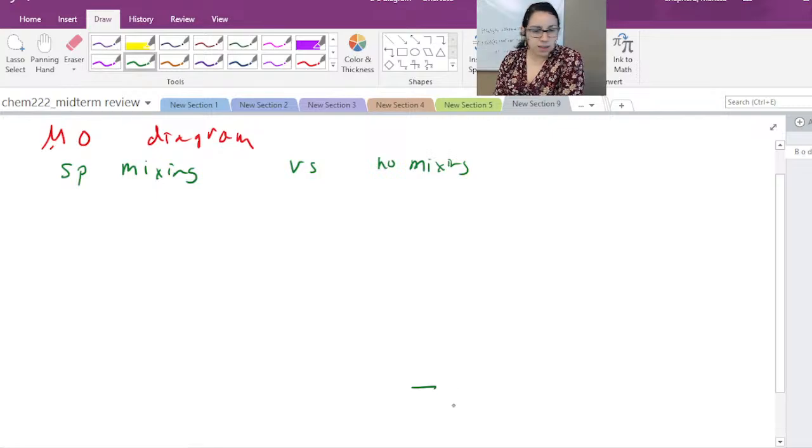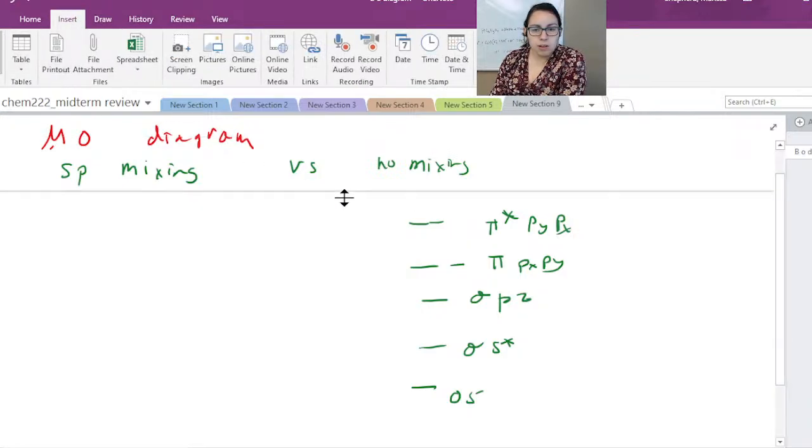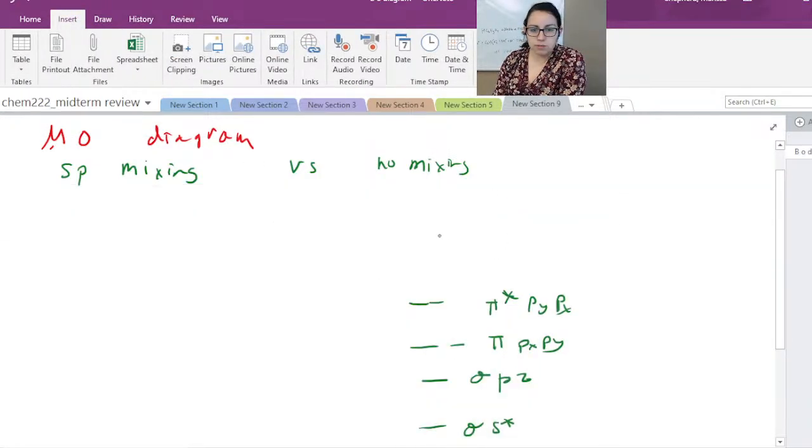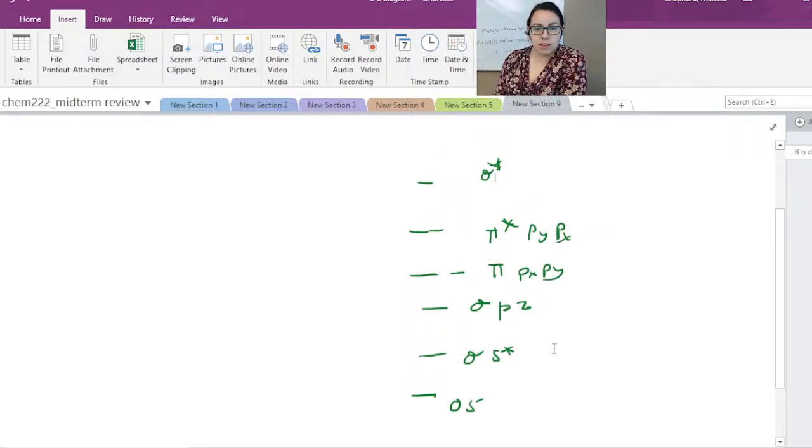And so, no mixing. We just fill up in our normal order, and our sigma Pz is lower than our pi, so Px, Py. Just be prepared to fill it in. You might also have to write the electron configuration in terms of this, labeling how many electrons are in the sigma S, sigma S antibonding, so 1, 2, 3, 4, 5, 6, 7, 8.